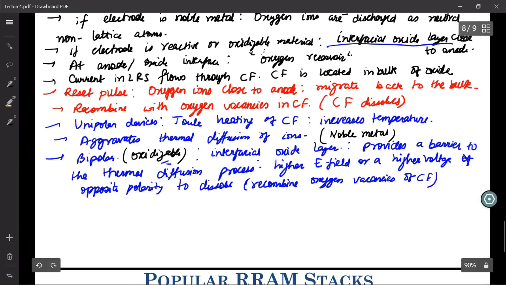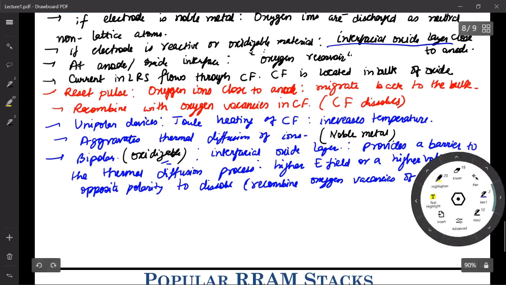So dissolving of the conduction filament simply means recombination of those oxygen vacancies of the conduction filament with the oxygen ions which are present at the reservoir, anode oxide interface reservoir.